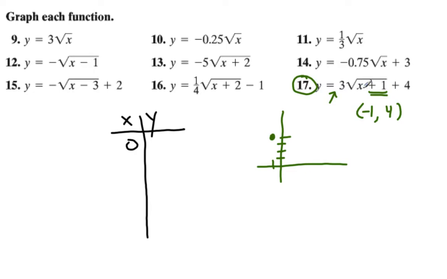I want to find numbers that will make that a perfect square. 3 and 8. And even that might be too many. Okay, so putting 0 in, we have 0 plus 1 is 1. Square root of 1 is 1. 3 times 1 is 3. 3 plus 4 is 7. Yeah, I'm not going to be able to draw this. We're going to have to go back to the drawing board on this one.